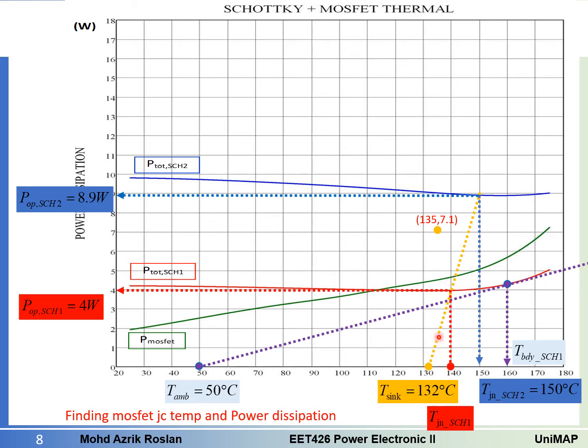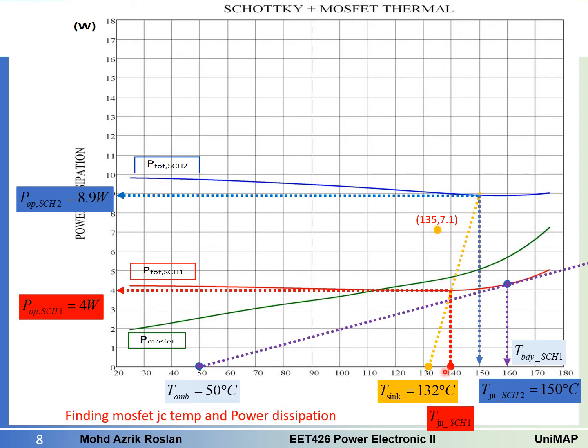The middle here is 135, and then the power related to that increase is 7.1. So 7.1 is at this point. This is 7, just increase a little bit, 7.1.